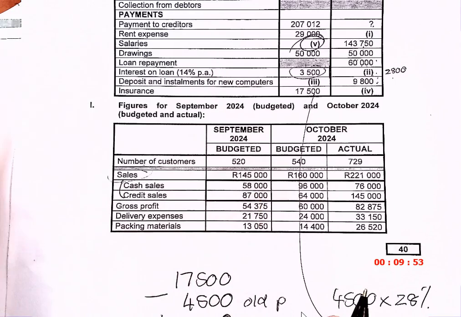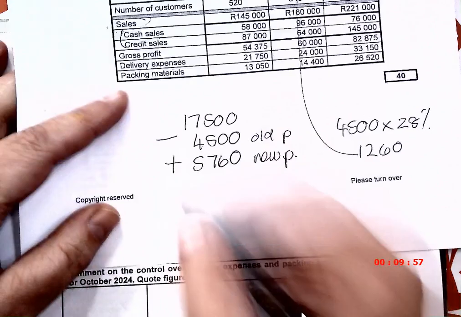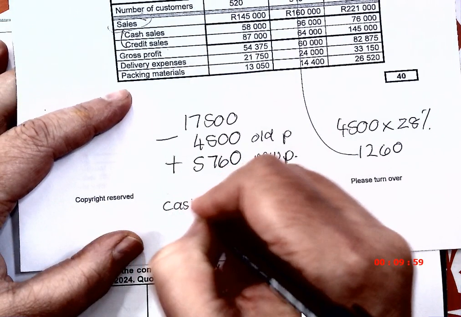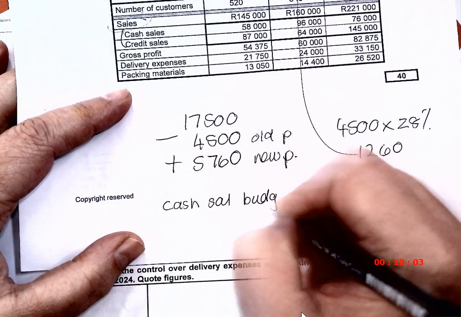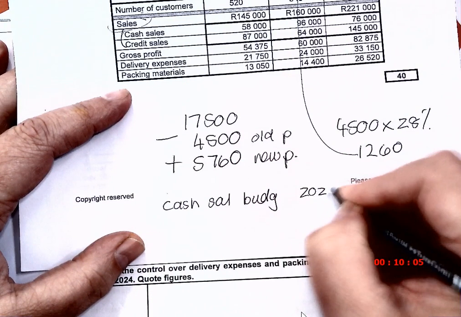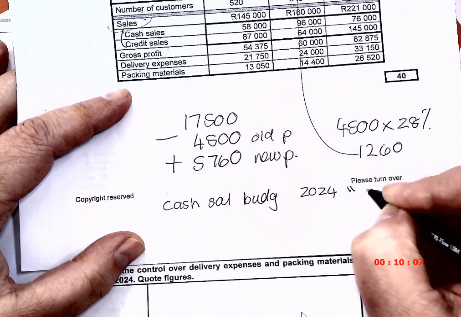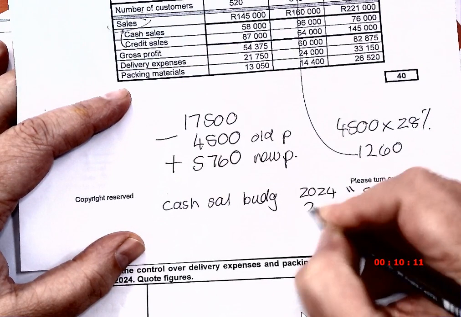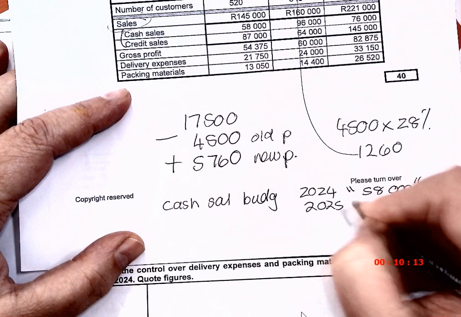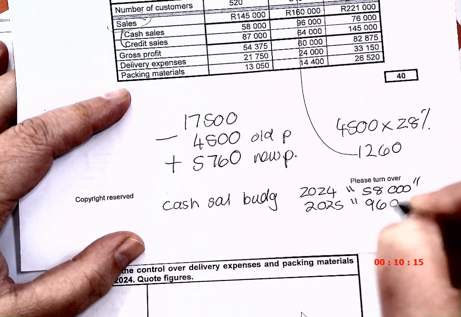I ask you, what marks extremely difficult is if you guys do this. You say, cash sales budgeted, and then you say 2024, and then you do this 58, 2025, 96.